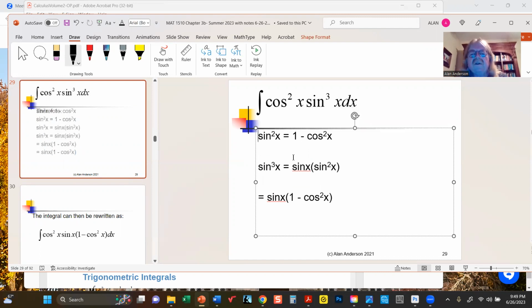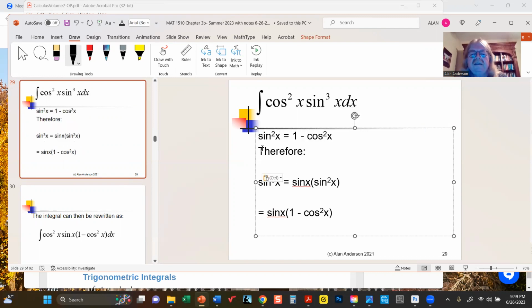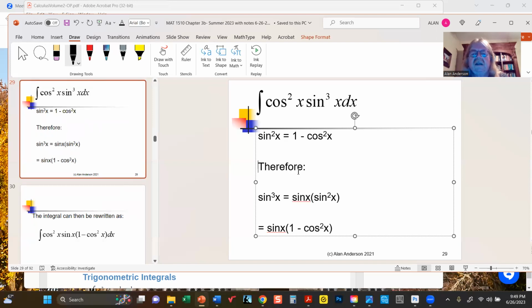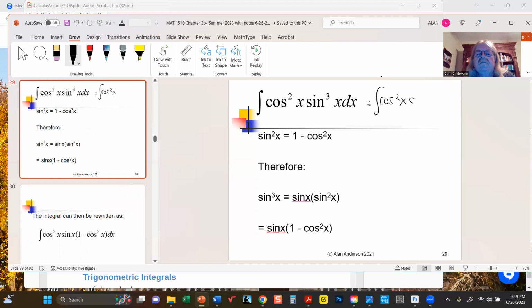Okay, so I'm going to put those up there so we don't forget. And so the strategy is to say, all right, why don't we rewrite this as... actually, there's not enough space there.